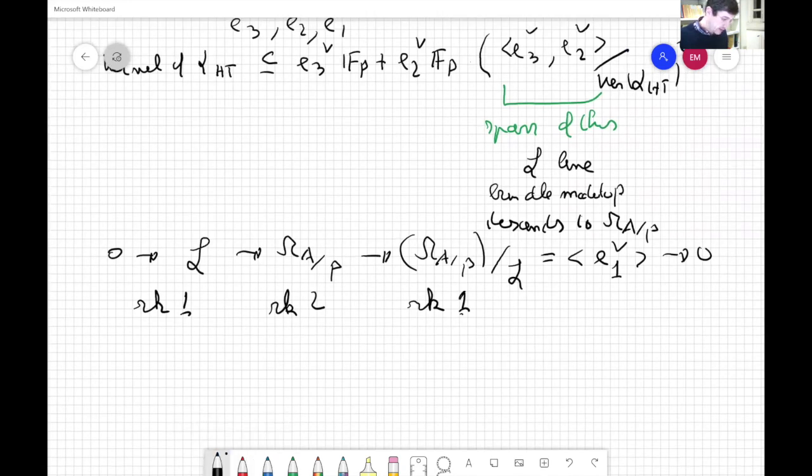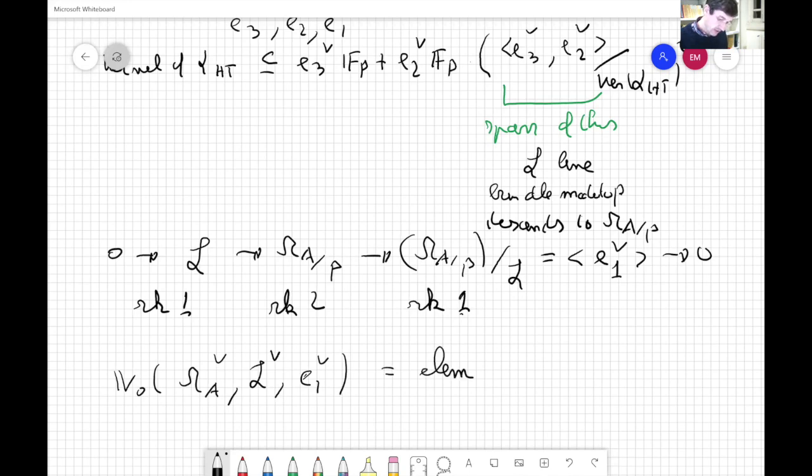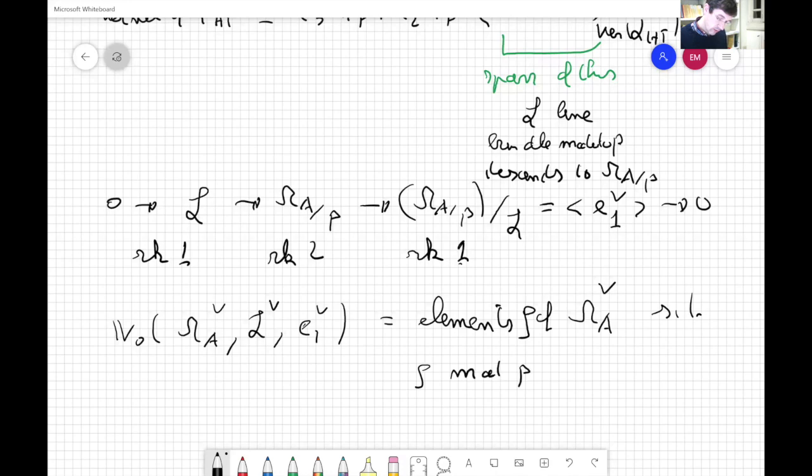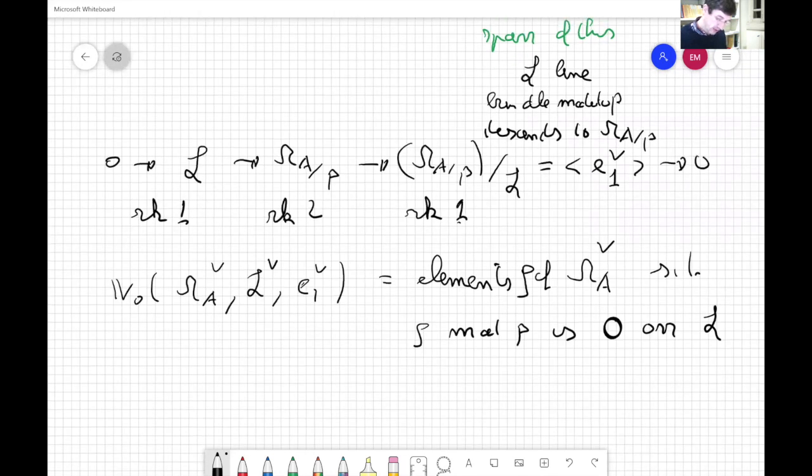If you take the space on this locus again, this classifies simply elements of the dual of omega A, let me call them rho, such that rho modulo P is 0 on this line bundle L that we have, this extra structure.